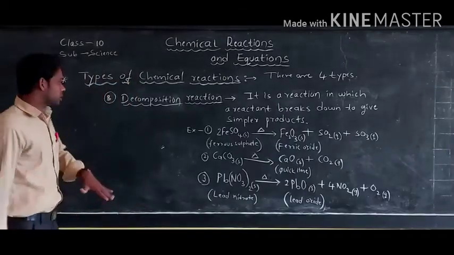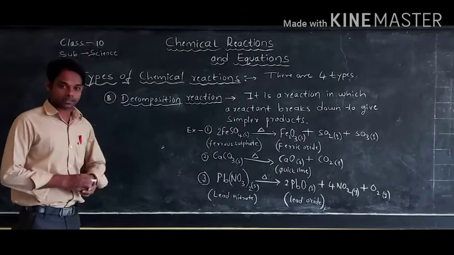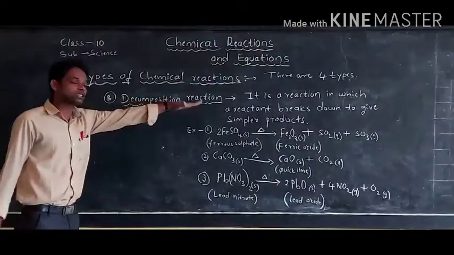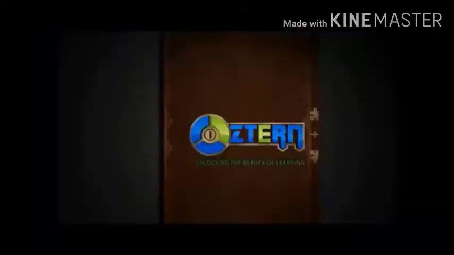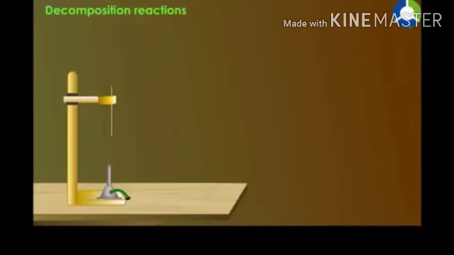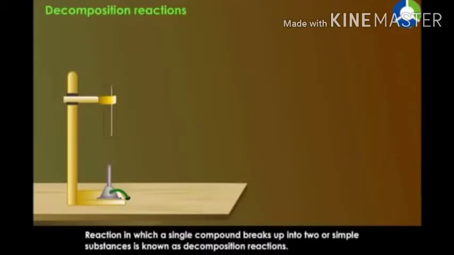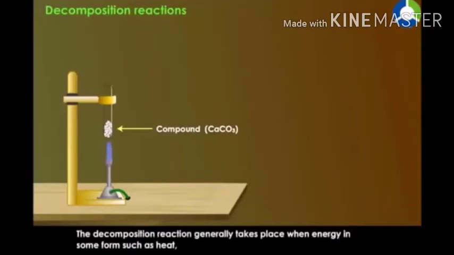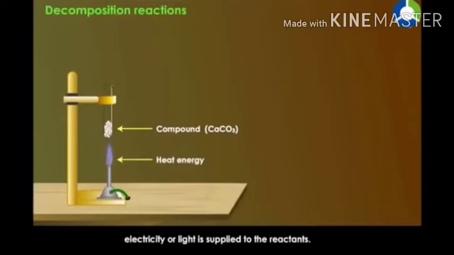Now we will study the second type of chemical reaction, that is decomposition reaction. The reaction in which a single compound breaks up into two or more simple substances is known as a decomposition reaction. The decomposition reaction generally takes place when energy in some form such as heat, electricity or light is supplied to the reactants.